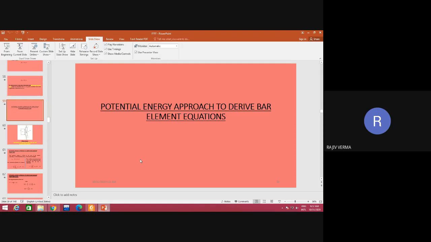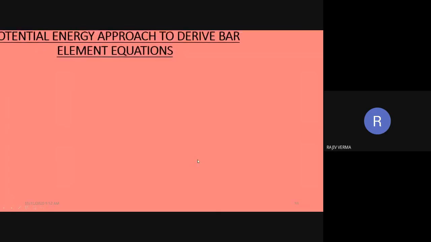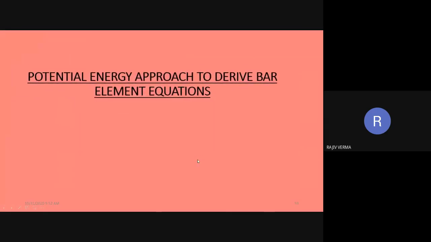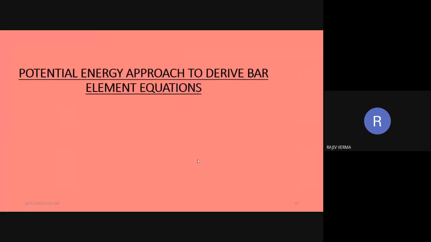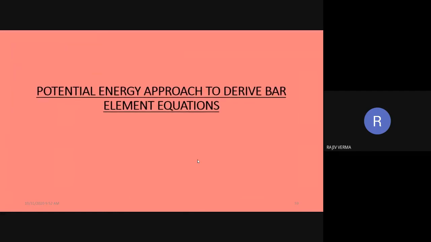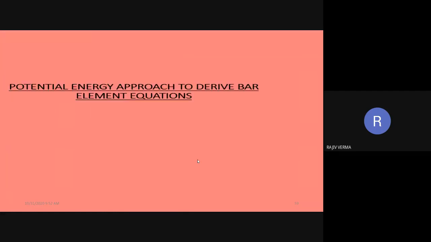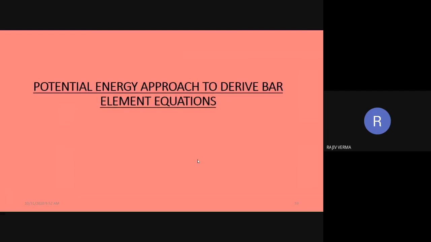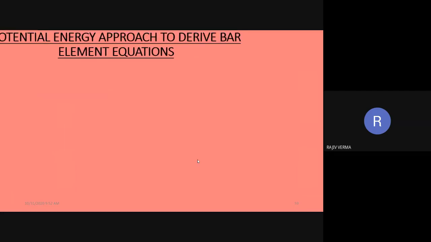You have studied it in the course of vibrations, where you derived the energy of a single degree of freedom system and then differentiated the equation with respect to the number of unknowns available to you, and this gave you the required governing equation. The same approach is going to be followed here also.